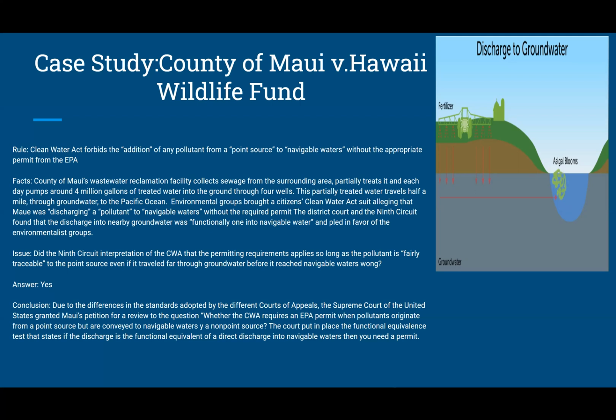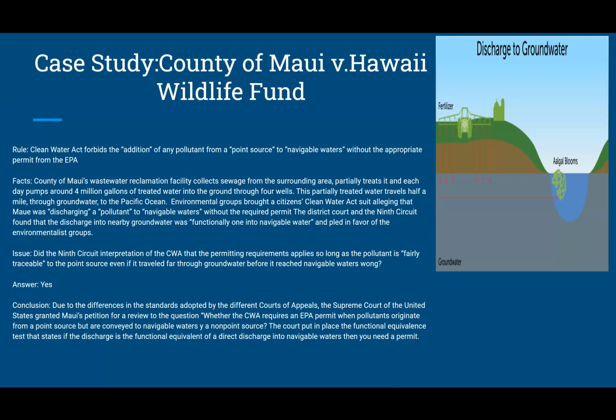So basically the environmentalists said, hey, as long as we can prove that this pollutant came from this particular place, even though it traveled to get there, then they're responsible. And the company said, well, according to the law, it has to be from the point source for us to need a permit. So the Supreme Court said that, yeah, the Ninth Circuit's interpretation was incorrect.